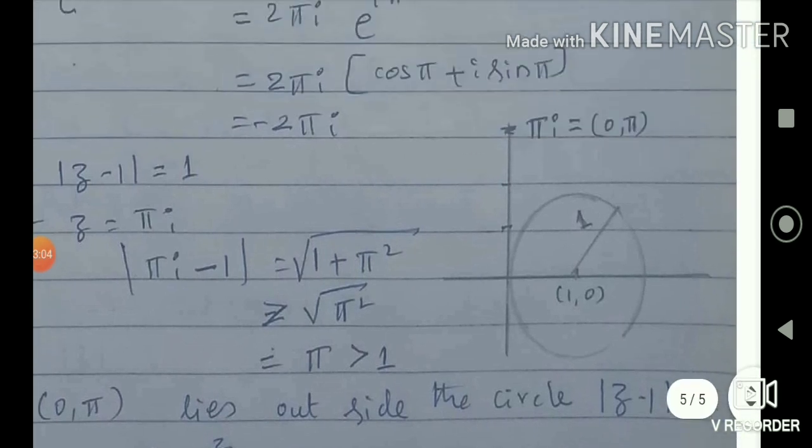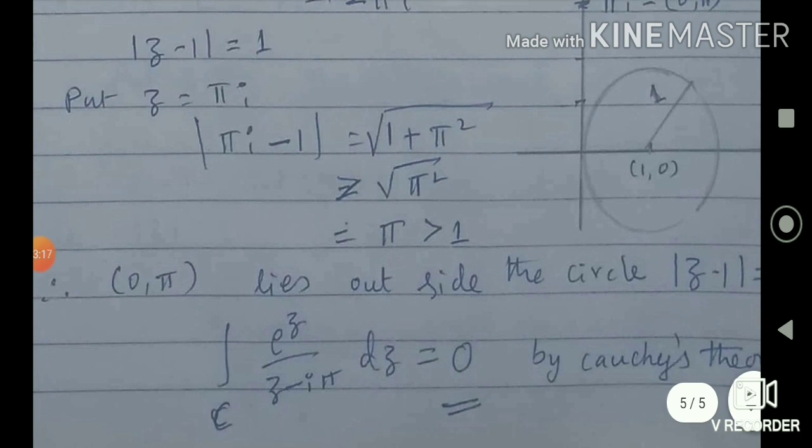You can see in the figure also, pi i goes outside, and the circle mod of z minus 1 equal to 1 is on the right side of the y axis. Therefore the function f of z as e power z by z minus i pi is completely analytic in the closed curve mod of z minus 1 equal to 1.